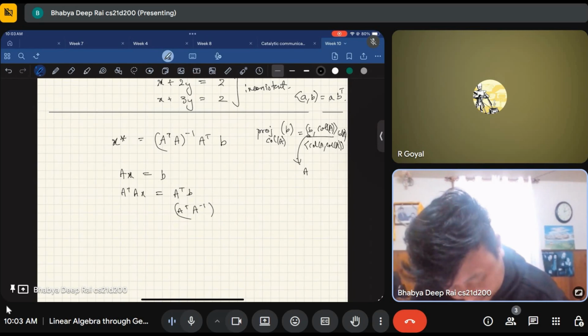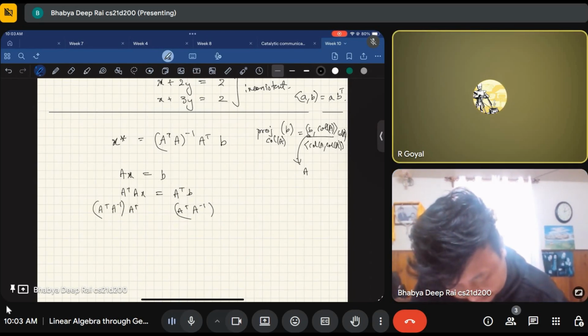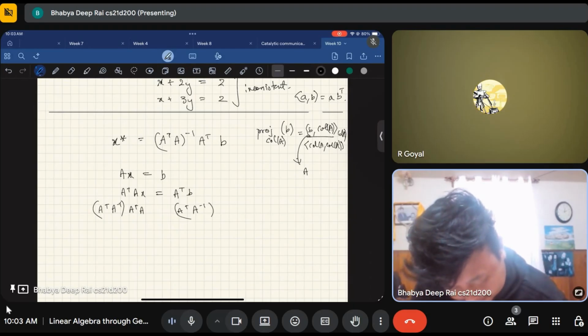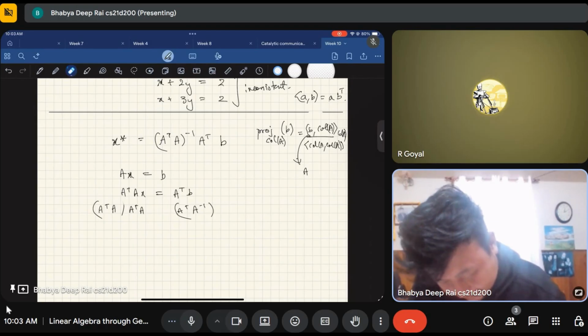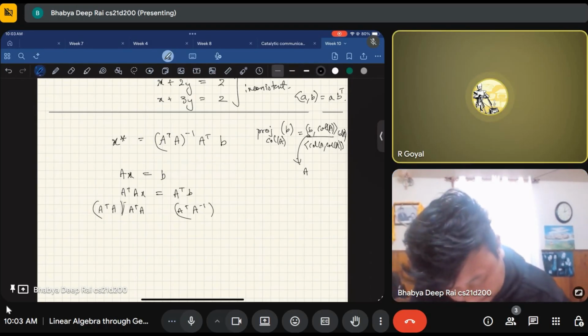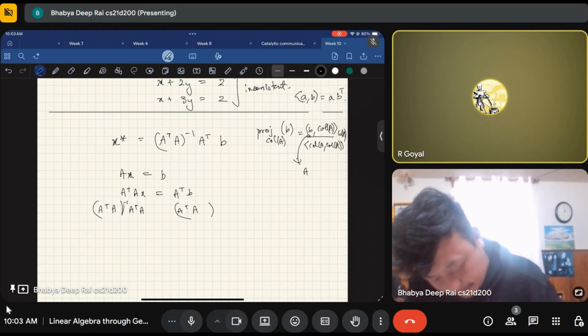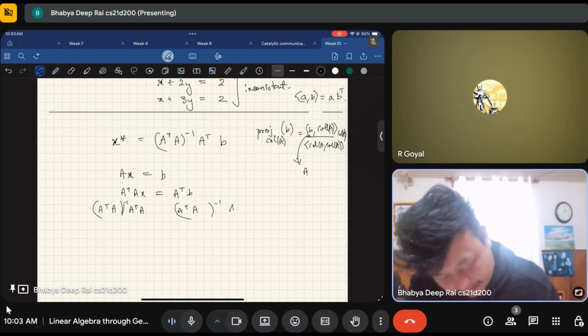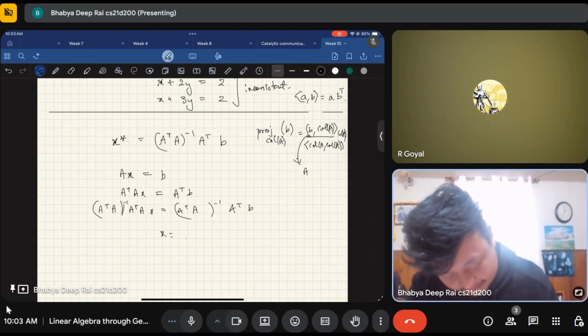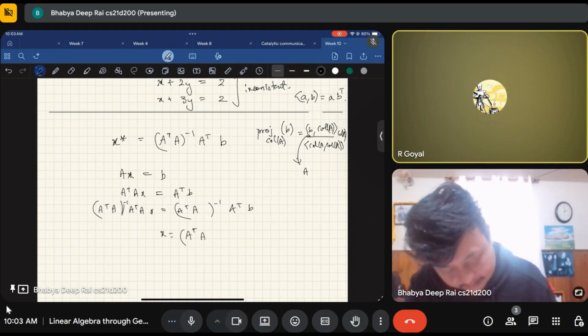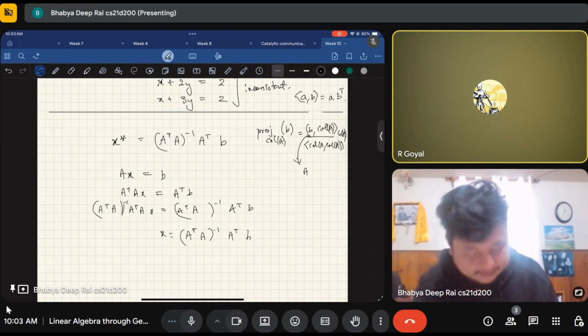Okay, the inverse is outside. Yes, so x equals that, the same equation which you wrote above.